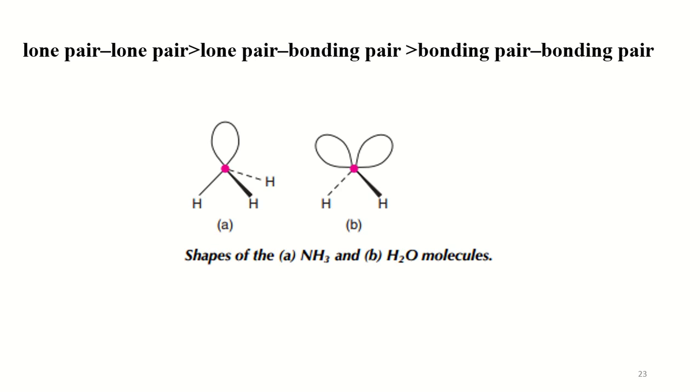Nevertheless, since they contain more than 2 electrons, 4 for a double bond and 6 for a triple bond, they do exert a greater repulsion on adjacent electron pairs.